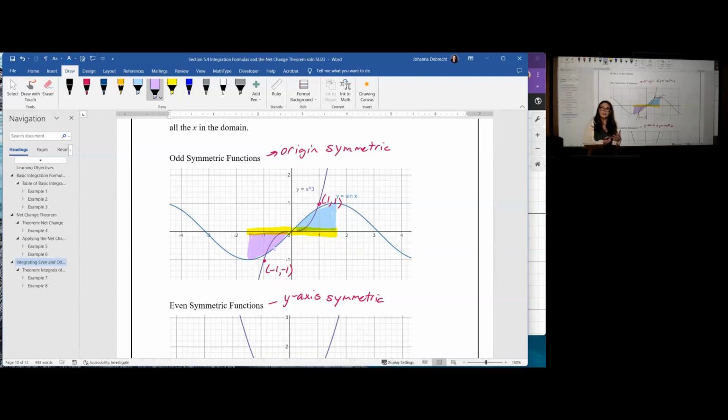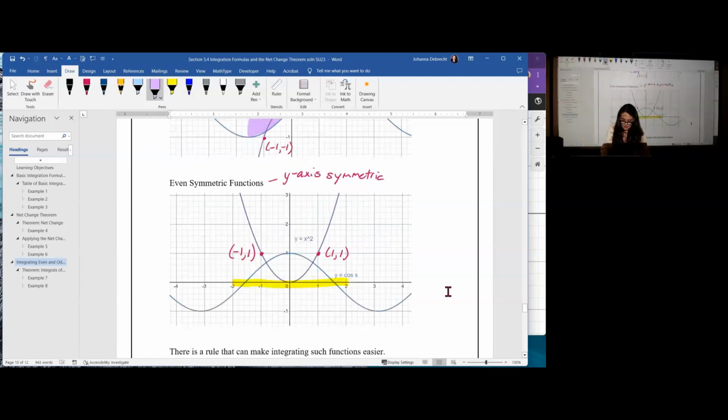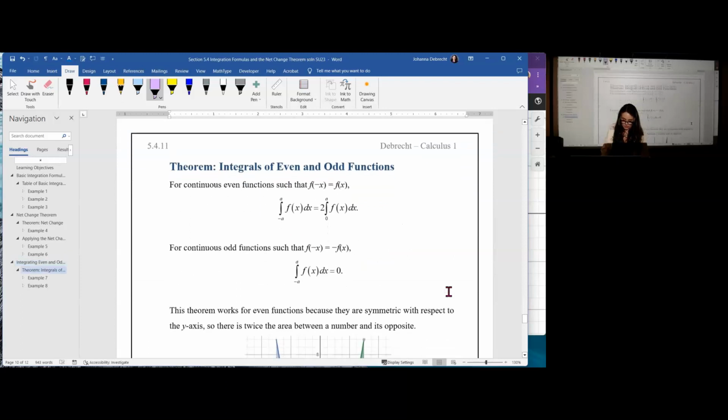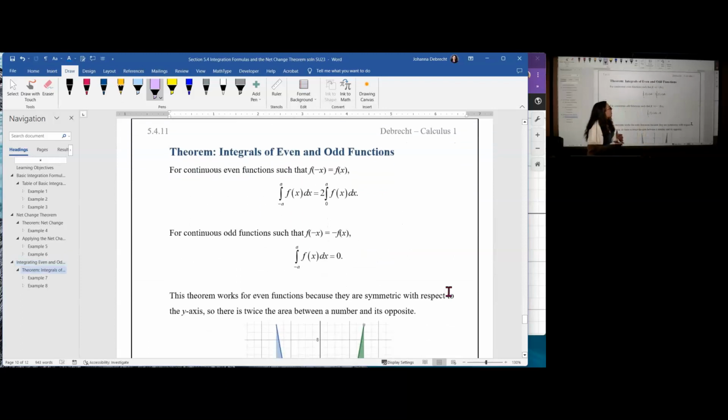Again, the symmetric interval must contain the origin and go from -2 to its opposite, 2, or from -π/2 to its opposite, π/2. It must be the same number on both sides, but with opposite sign. Let's now take a look at this in integral form. If we have an even function, such that if you replace the variable x with -x it doesn't change the function, you end up with double the area.